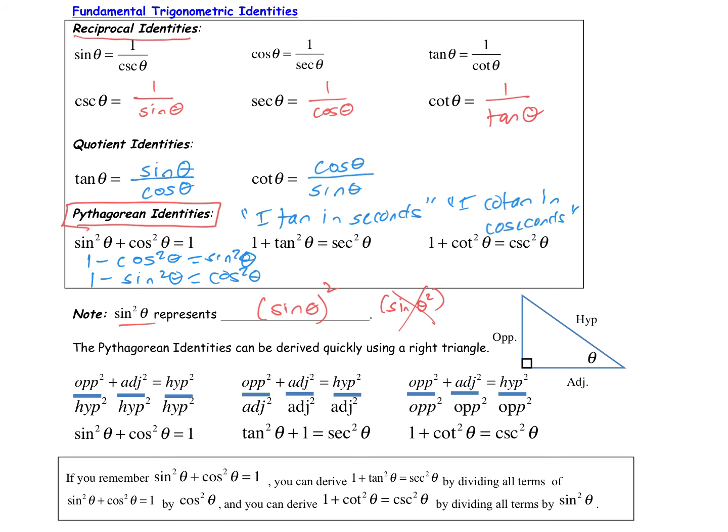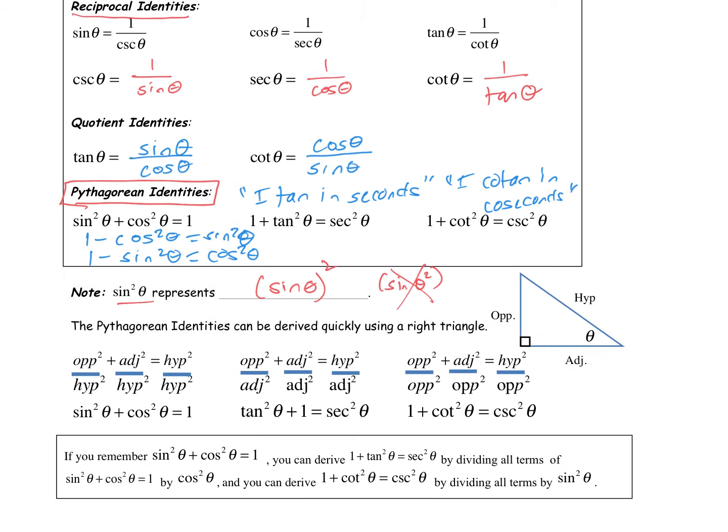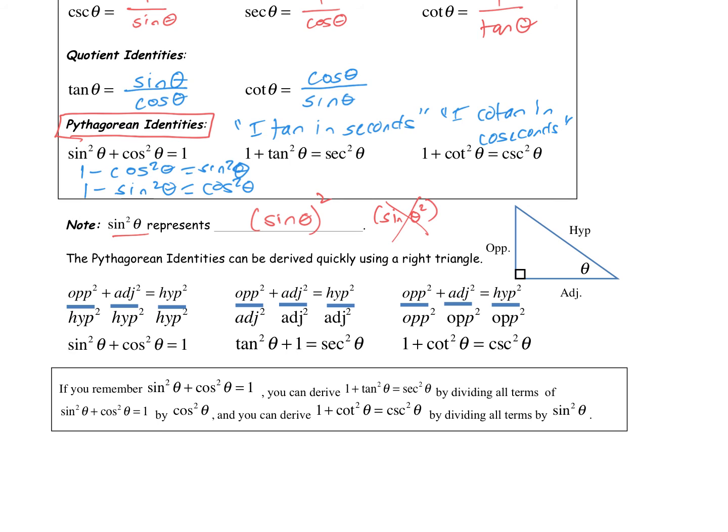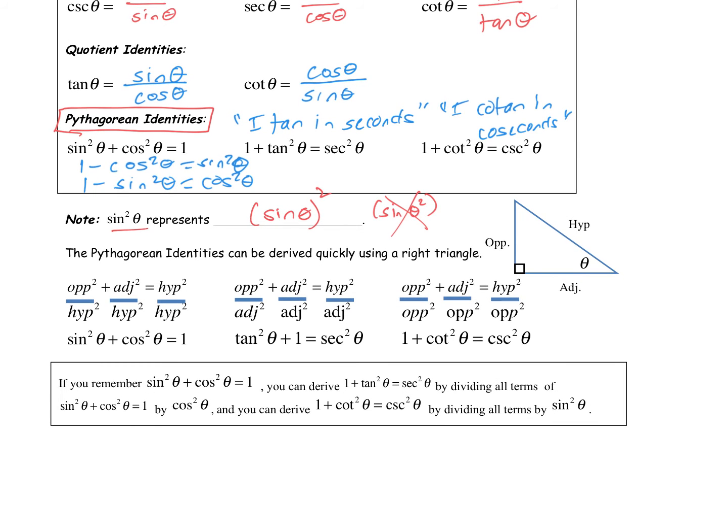Finally, I'm going to show you how these Pythagorean identities can be derived quickly using a right triangle. So if we start with the Pythagorean theorem, normally we would write a squared plus b squared equals c squared. In the context of right triangle trig, SOHCAHTOA, instead of a and b for the legs, those are the opposite and the adjacent sides.